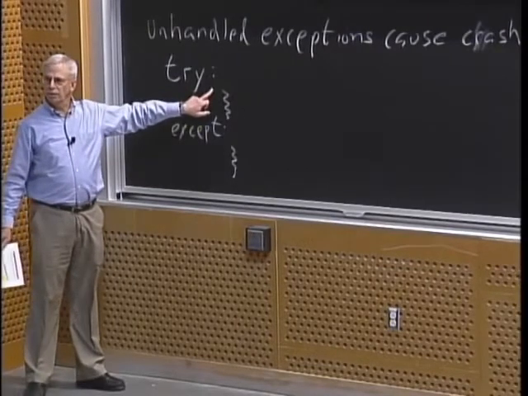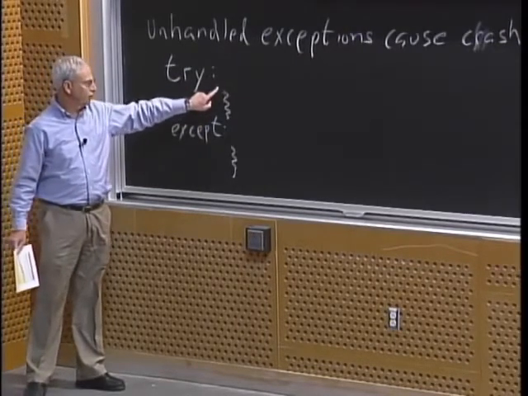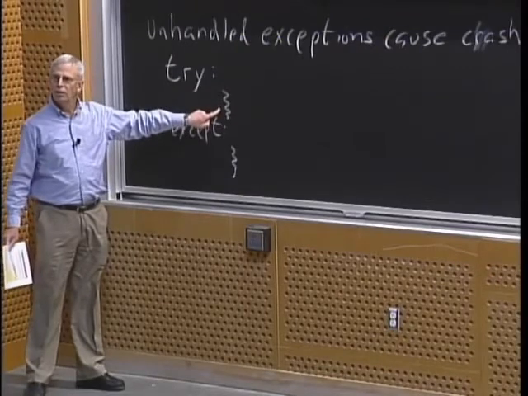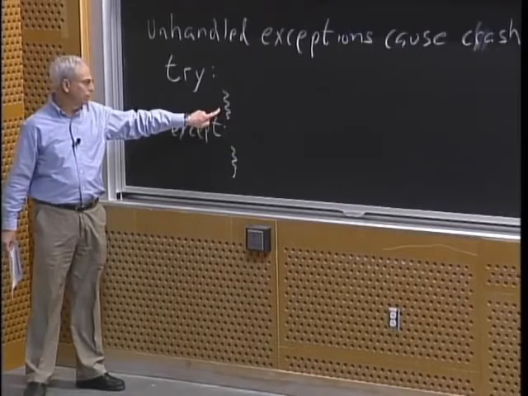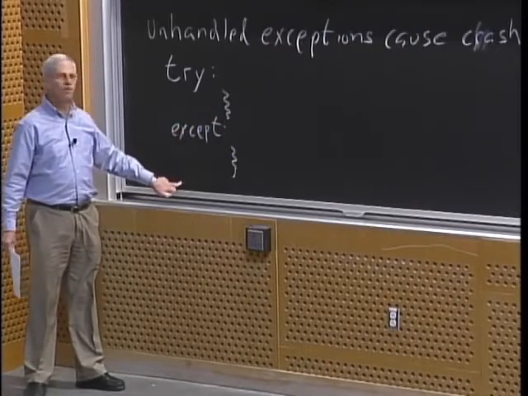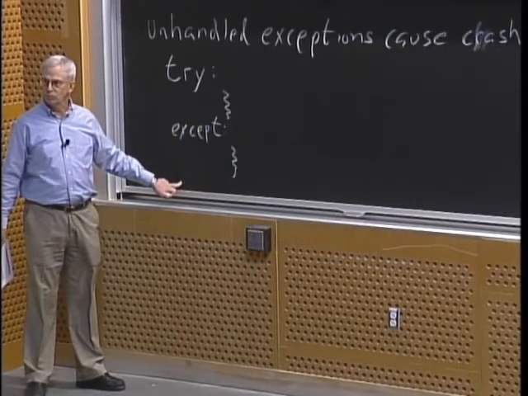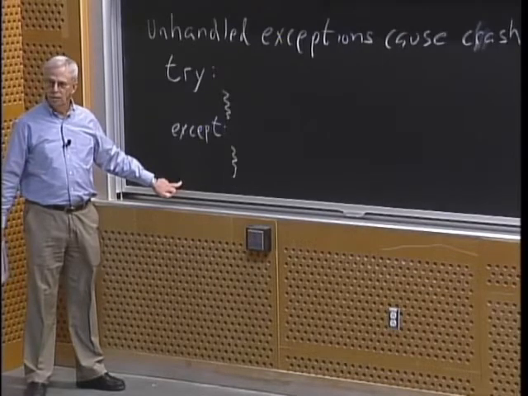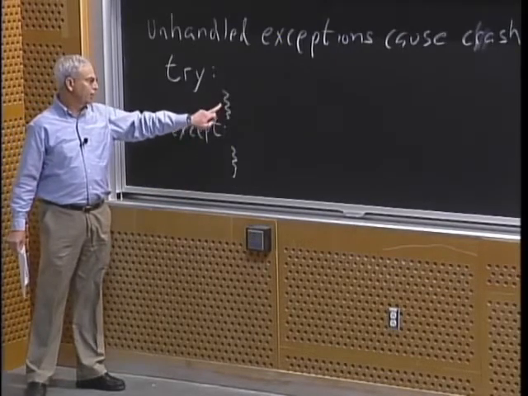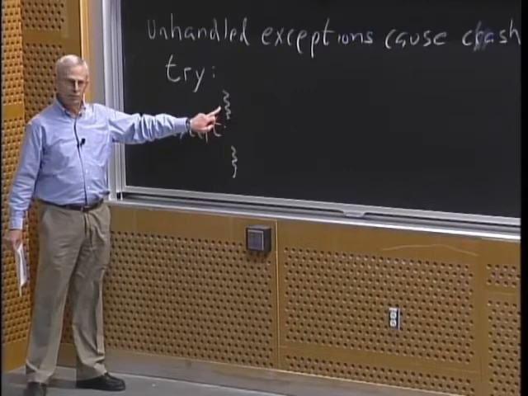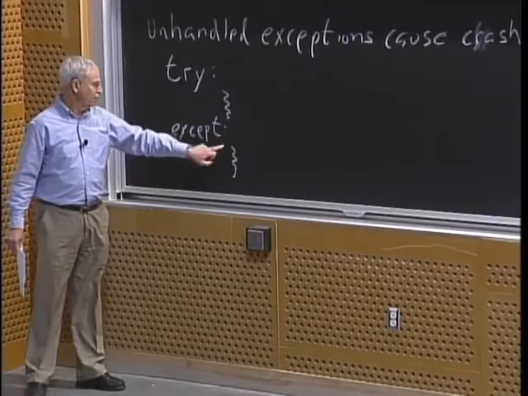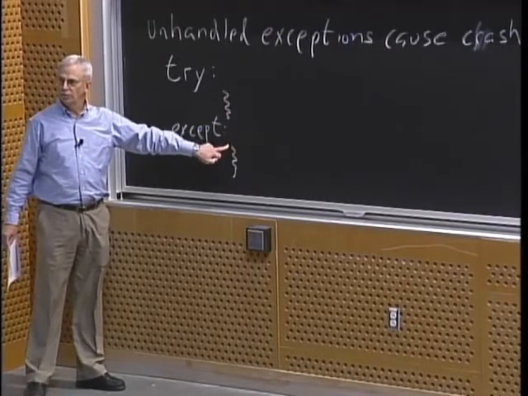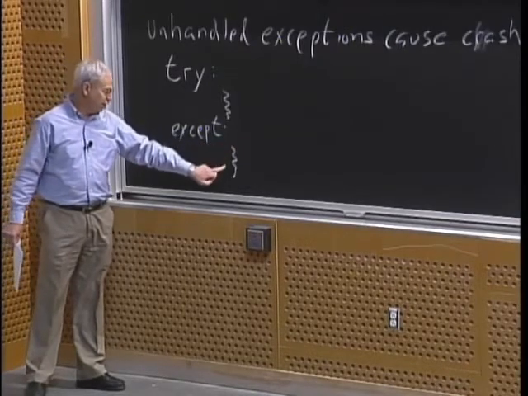What the interpreter does is it starts executing this code. If it gets through this code without raising any kind of exception, it jumps to the code following the except block. On the other hand, if an exception gets raised here, it immediately stops executing this code and jumps to the start of the code associated with the except, and executes that.